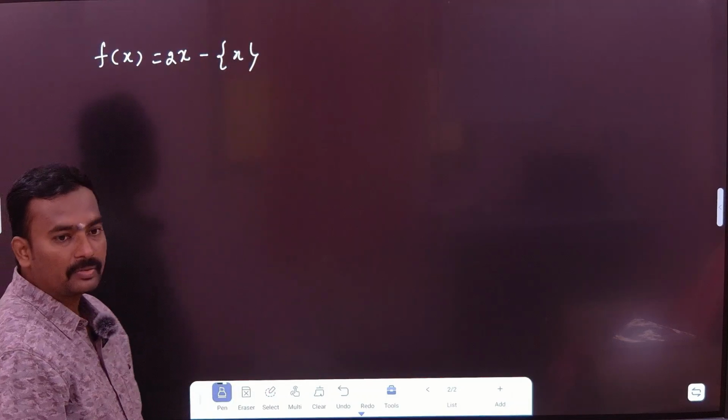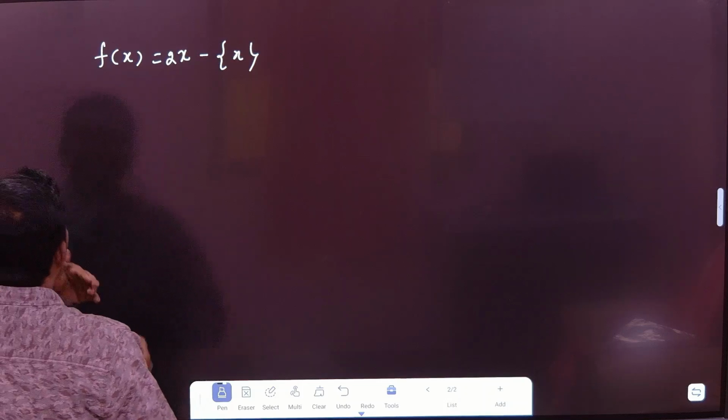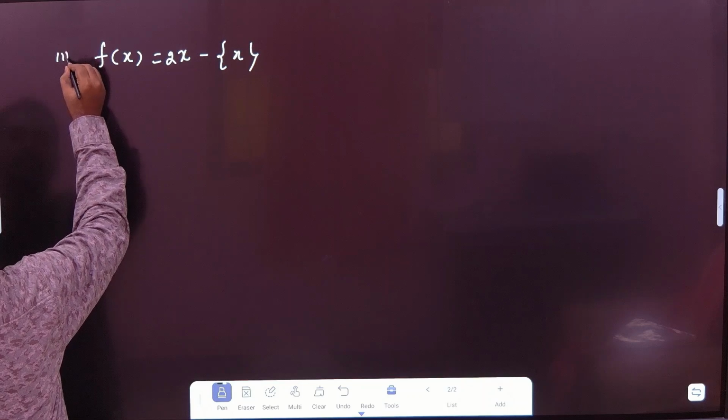This is the third graph, right? 2x minus the fractional part of x. So how to draw the graph?